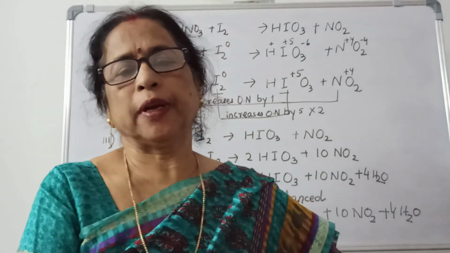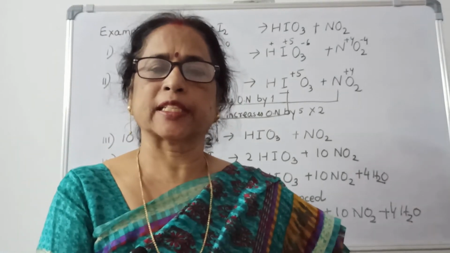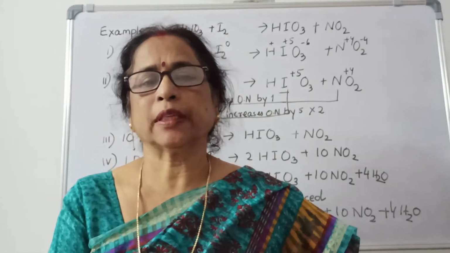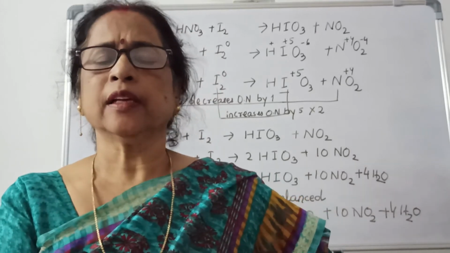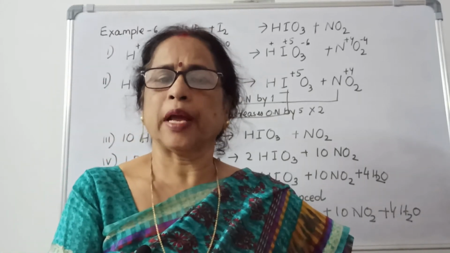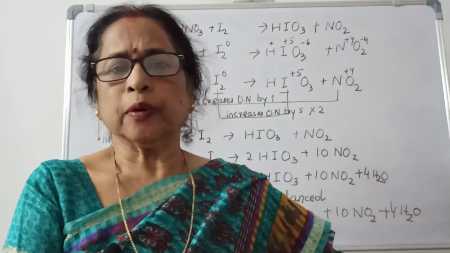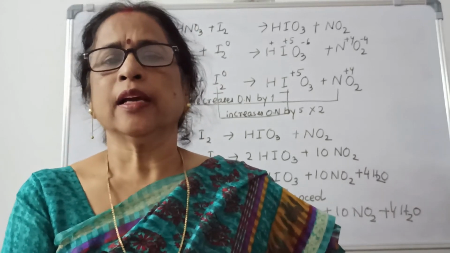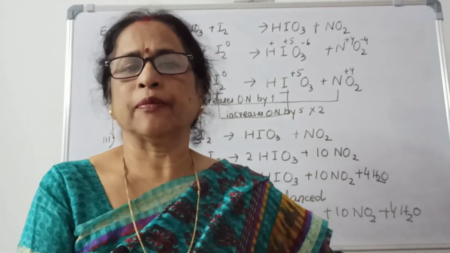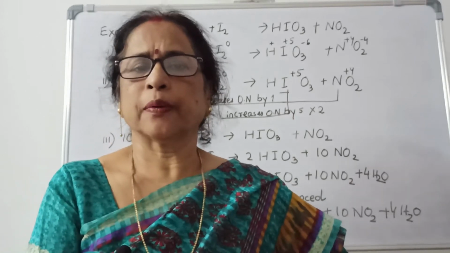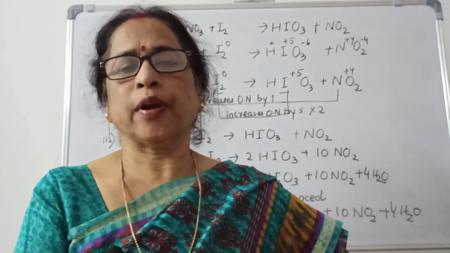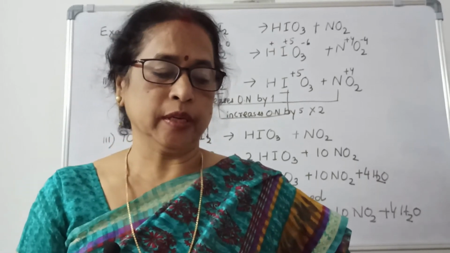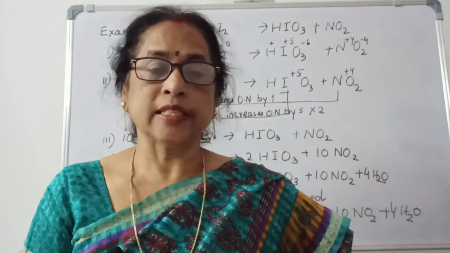Now I am going to explain example number 6, balancing a redox reaction by the oxidation number method. Already I explained example numbers 4 and 5. Before starting example 6, I want to clarify examples 4 and 5. In example 4, in the first objective point, I told the sum of the oxidation numbers in sulfate ion is 8.